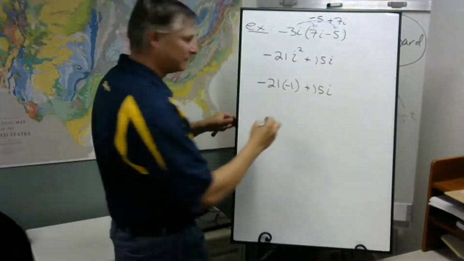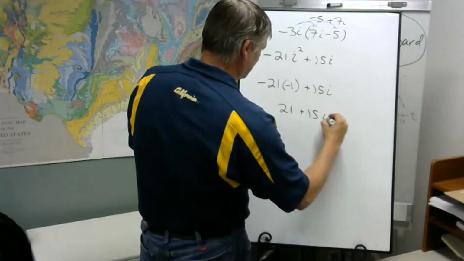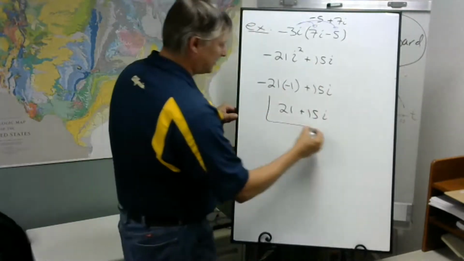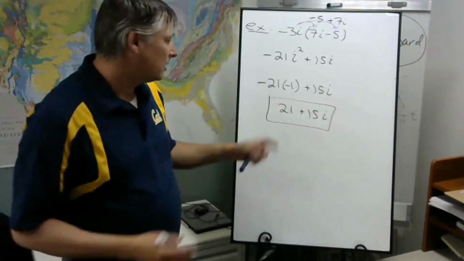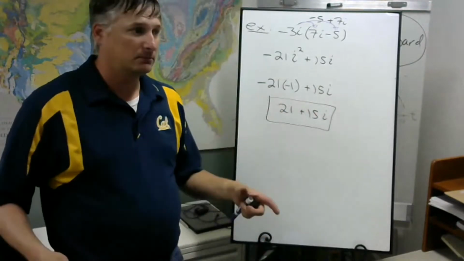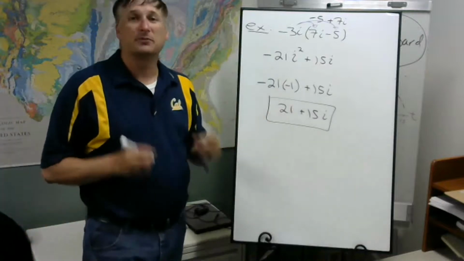Negative and negative is positive. And there we go. There are no more real terms or imaginary terms to combine. All the powers of i have been, well, we've converted them. So there we go, 21 plus 15i.